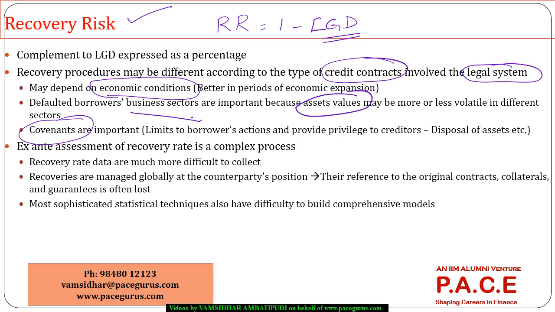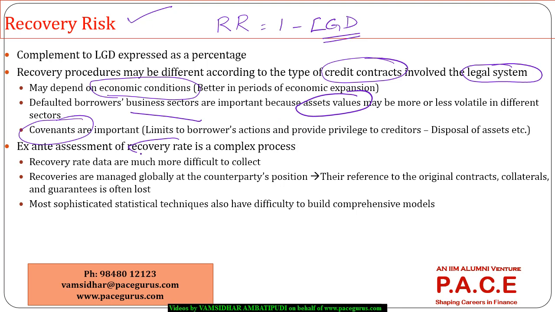So depending on how stringent and how strong the covenants are structured in the deal, we would typically look at what amount could be recovered and what amount may not be recovered from the borrowers. So these are the various things that need to be done as a part of the recovery.